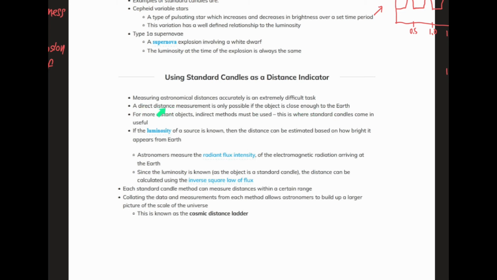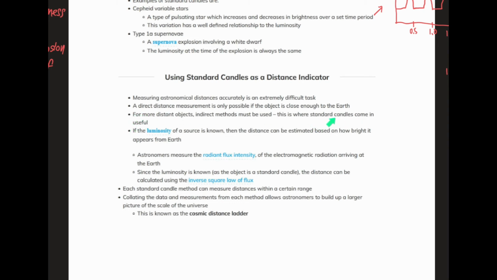If you want to use a space shuttle to travel from the Earth to another planet to directly measure the distance, that is very hard. So for more distant objects, indirect methods must be used. For example, the formula just now is an indirect method. This is where standard candles come in useful.